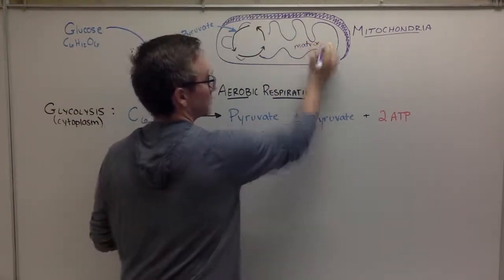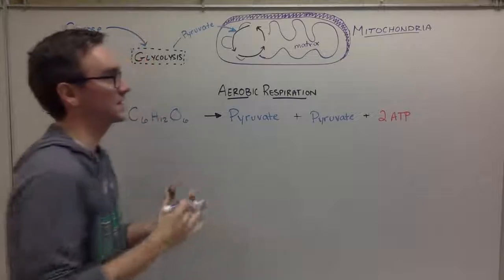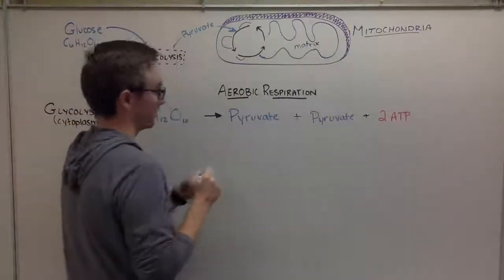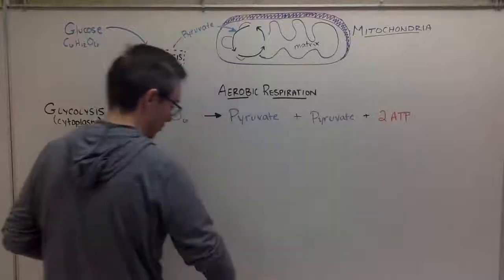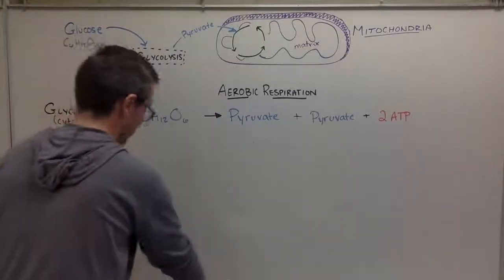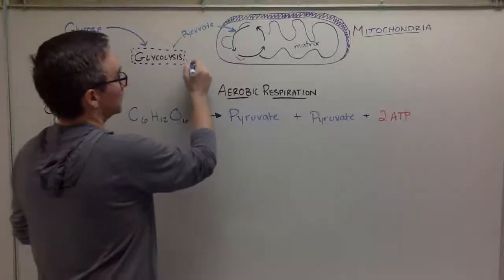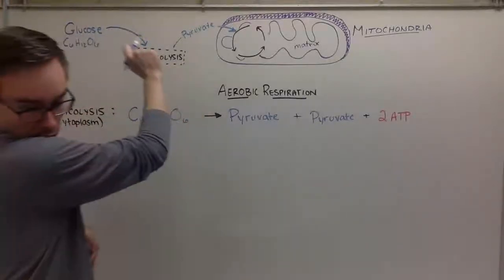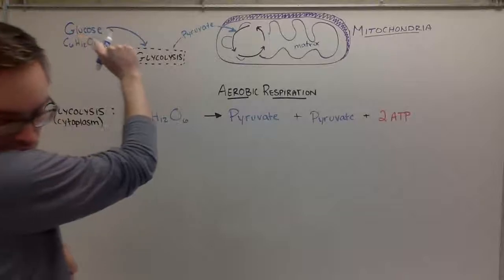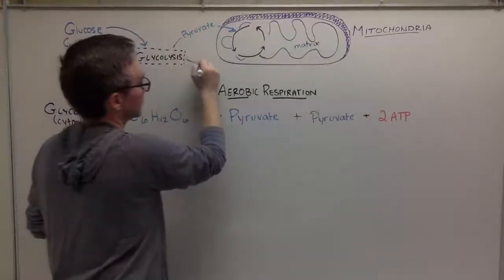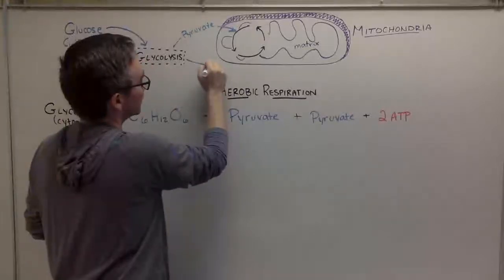So we have 2 membranes. Right? And then we have this inside space, which is called the matrix. One of them is going to happen in the matrix, and one of them is going to happen on that inner membrane. I'm going to draw this one all the way over here.